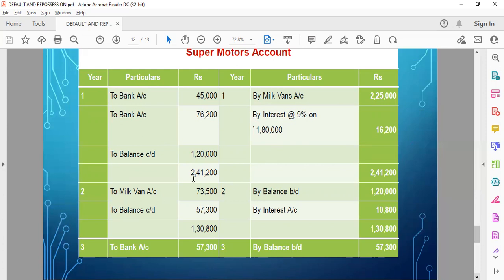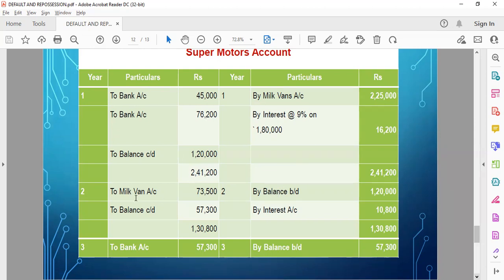Put the total 2,41,200 on both sides. Subtracting, you get the balance 1,20,000, to balance CD. Then next year, you bring down that balance, by balance BD 1,20,000.